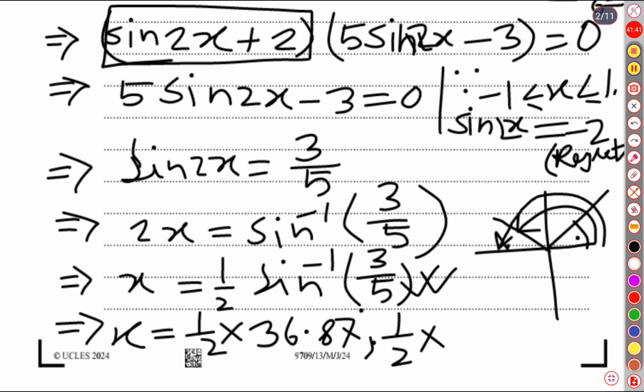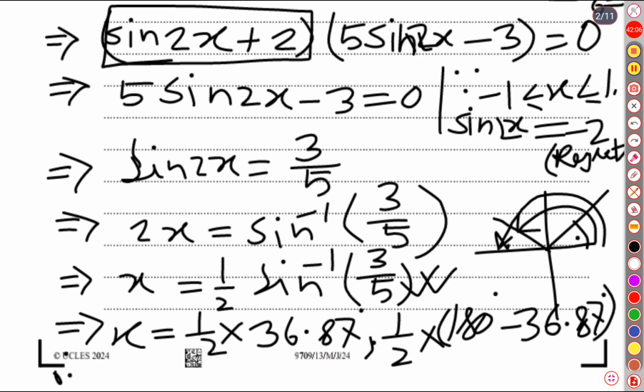Let me write the simplified answer. If 36.87 is subtracted from 180, it is going to be 143.13. So ultimately what will we get?